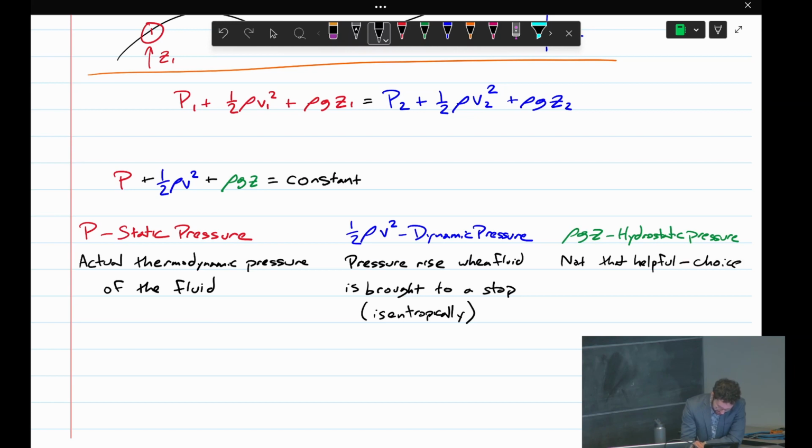So rho gz becomes important when you have both sides of the equation, so you have a z1 and z2. It's about the relative change between the z's of our 2 points. And just a reminder, z in this equation is defined positive upward.